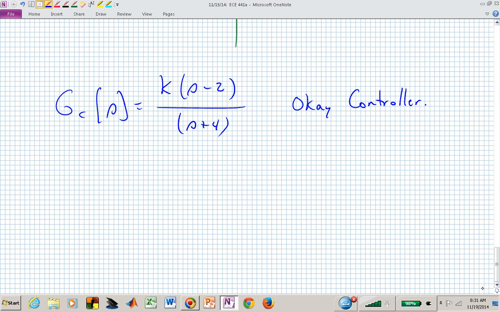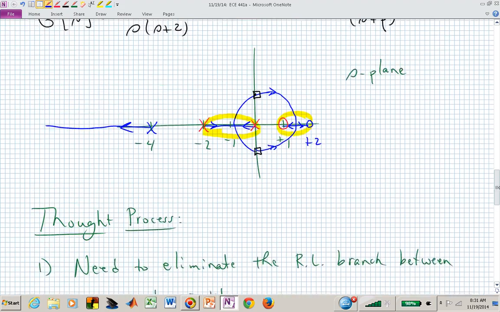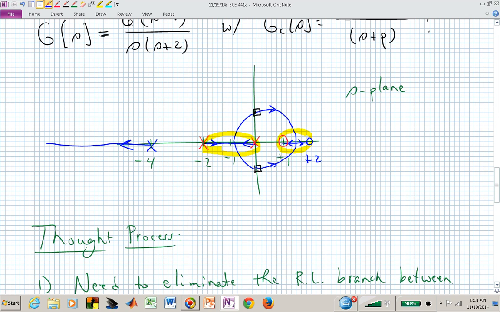Now, I'm not done, am I? I have to find K. How do I find K? The magnitude condition. And what would be a quick way? You now have 1 minute left on the exam, and you go, oh, I need to find K. I put my pole and zero down.